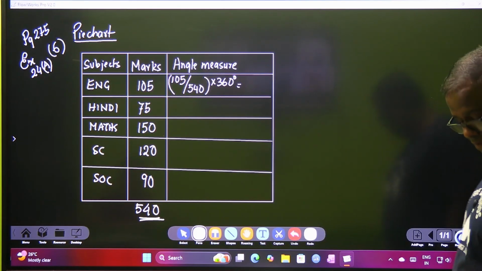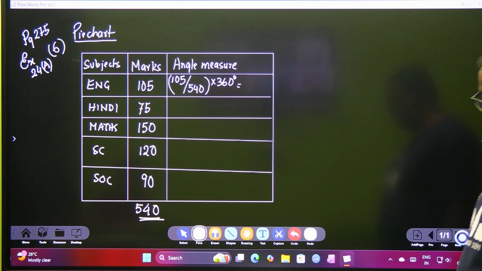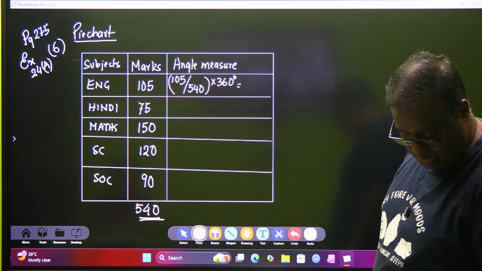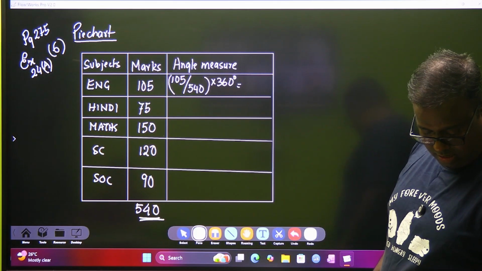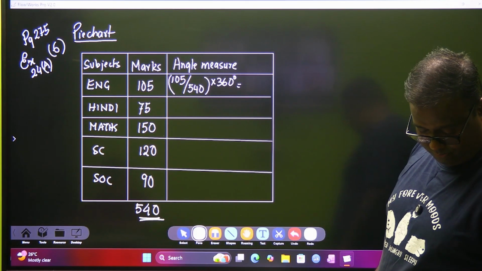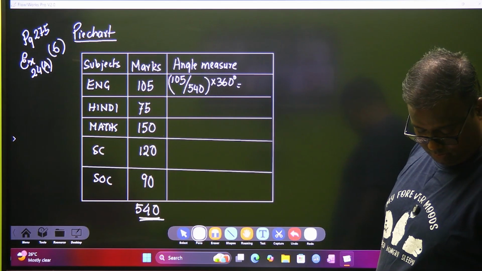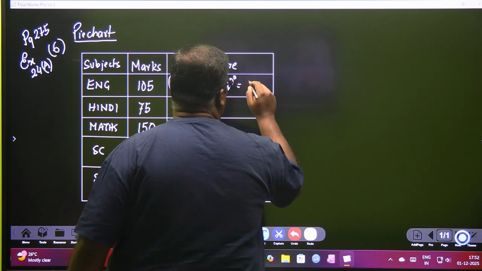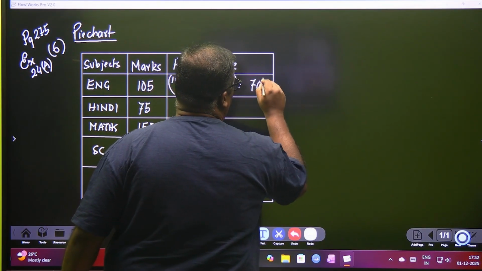The value we have is 69.99. Is the total correct? Check the total. So this is approximately 70 degrees.